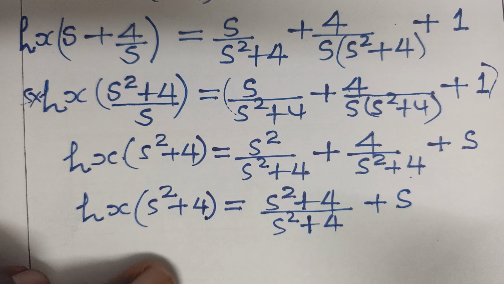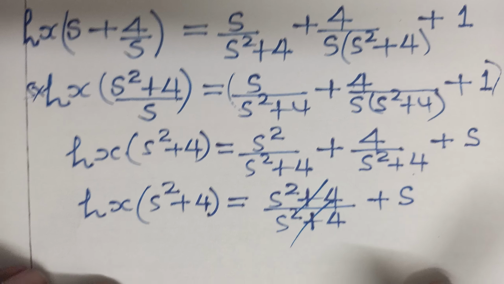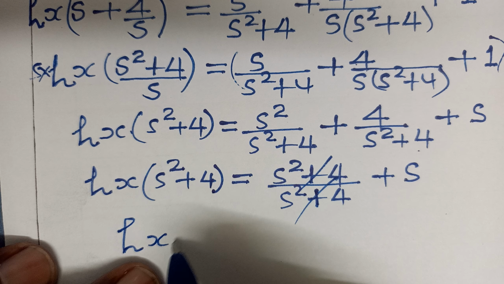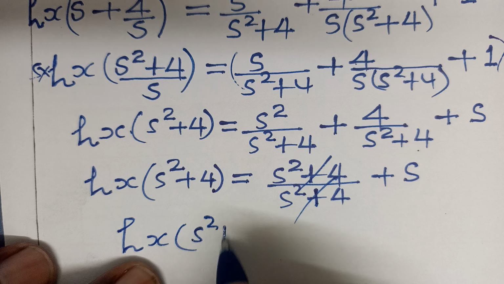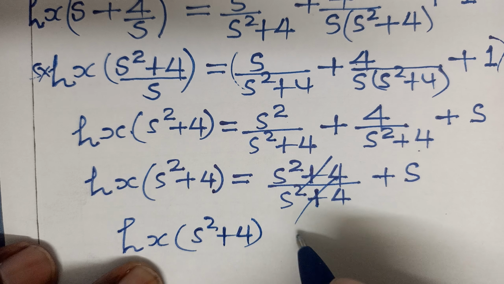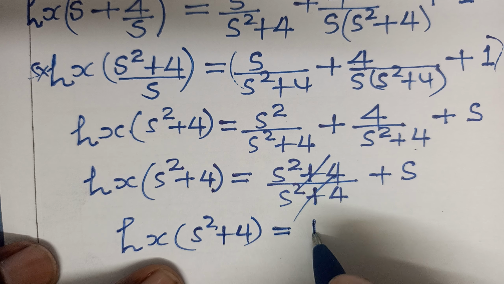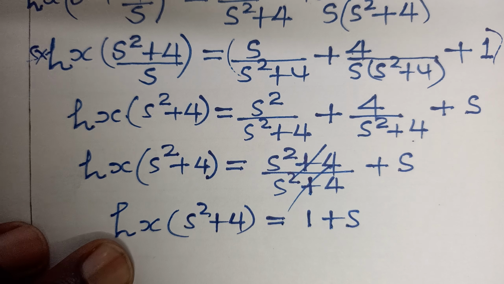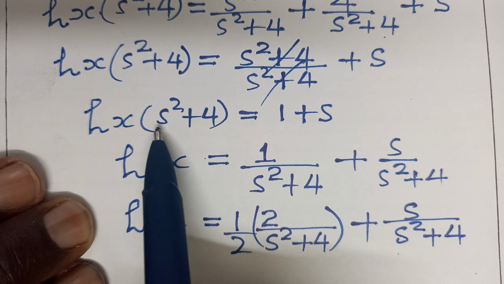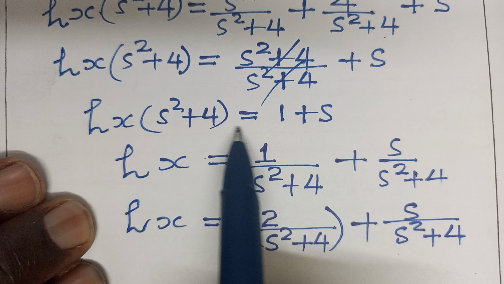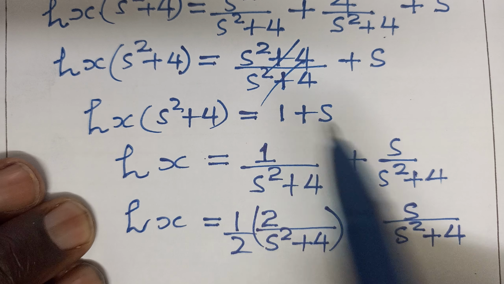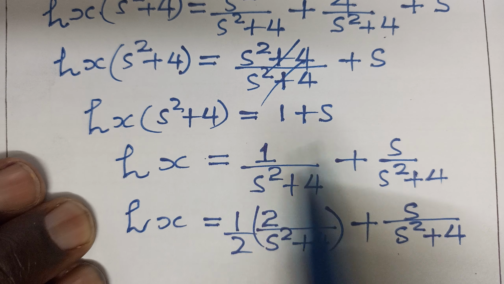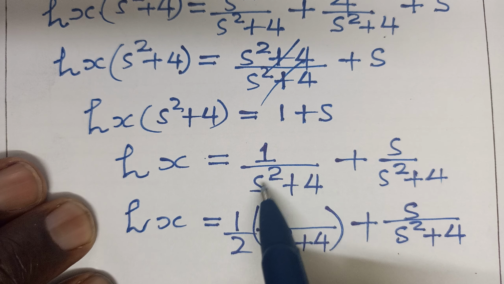Therefore this now cancels, and we are left with Laplace transform of x times s squared plus 4 equals 1 plus s. After we have gotten this, we can divide both sides by s squared plus 4. This one becomes 1, so we are left with Laplace transform of x, and on this side it will be over s squared plus 4.